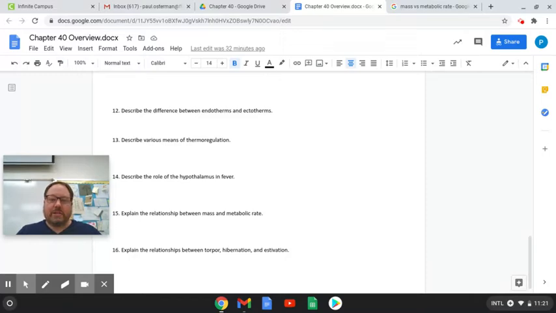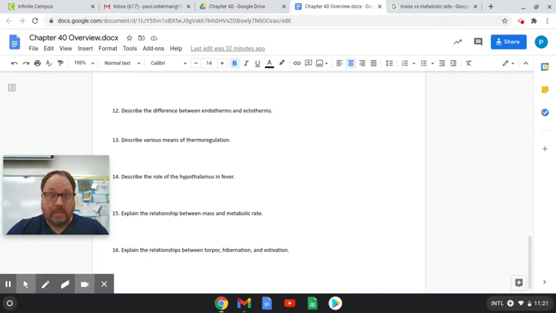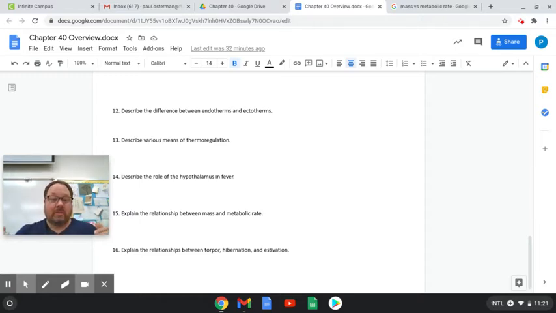Means of thermoregulation. How can you help keep temperature steady in organisms? Well, again, that can be behavioral things like, you can have lizards go and sun themselves on rocks. That includes things like conduction, where if you're up against something warm, you have the transfer of heat into tissue.